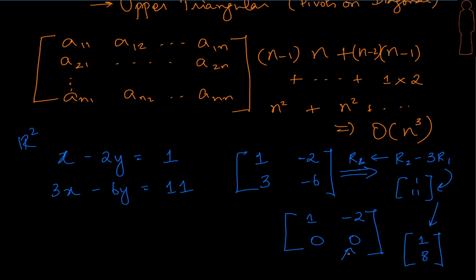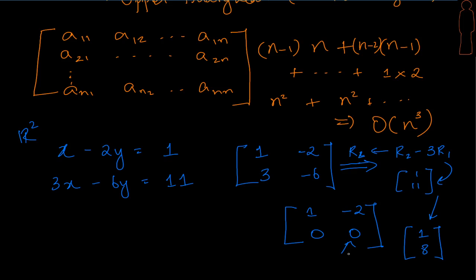Okay, now let's take a look at what do these equations actually convey to us, right? So look at this matrix on the right hand side and let's see what kind of equations form. In effect, it gets transformed to saying x minus 2y equal to 1. The second is a 0x plus a 0y is equal to 8, right? And what is this? This is actually a 0, and we are saying 0 equal to 8?